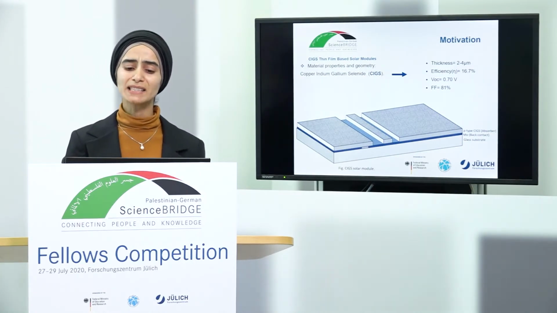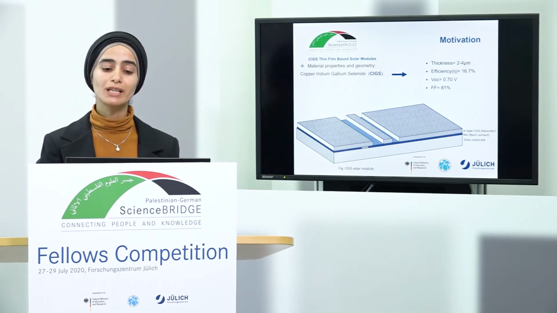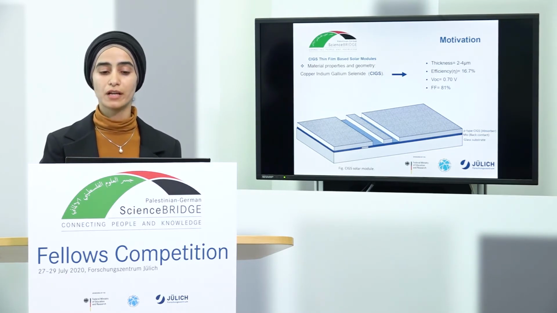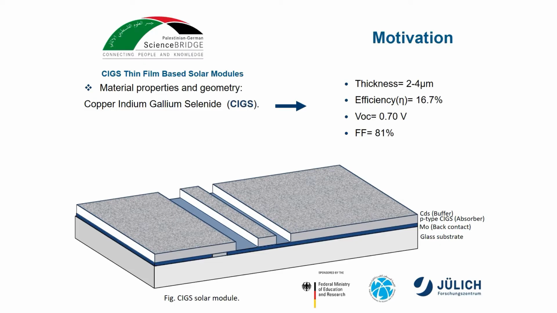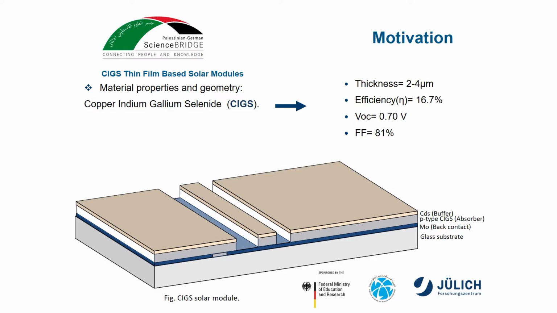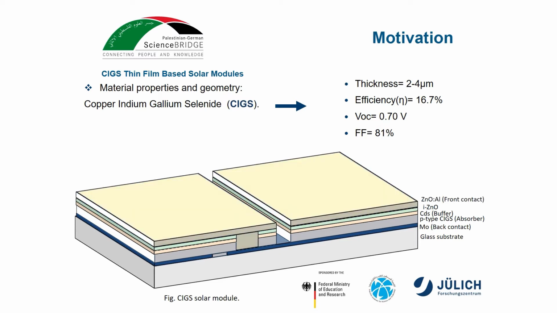CIGS has a direct band gap with an energy of 1.15 electron volt, which means that we can achieve a high efficiency with this low thickness of the material, which also means that we can replace the glass with a flexible substrate like polymers. After that, cadmium sulfide can be used as the buffer. Aluminium-doped zinc oxide can be used as the front contact, which is also a highly conductive material.